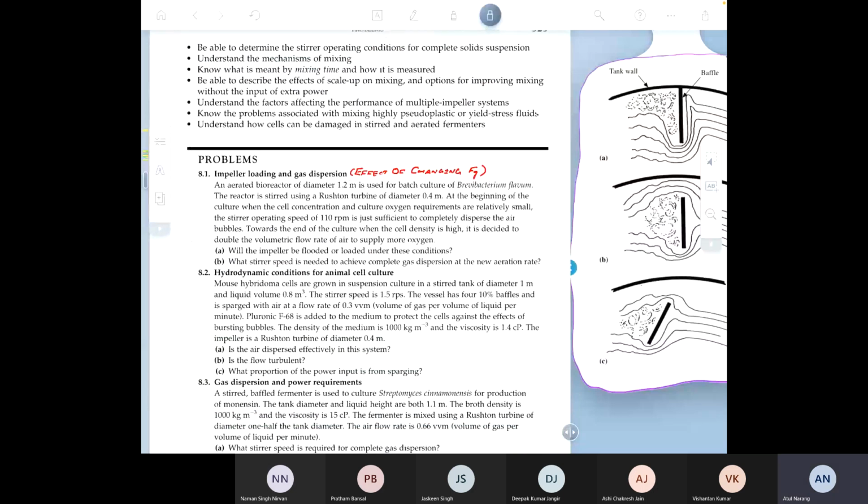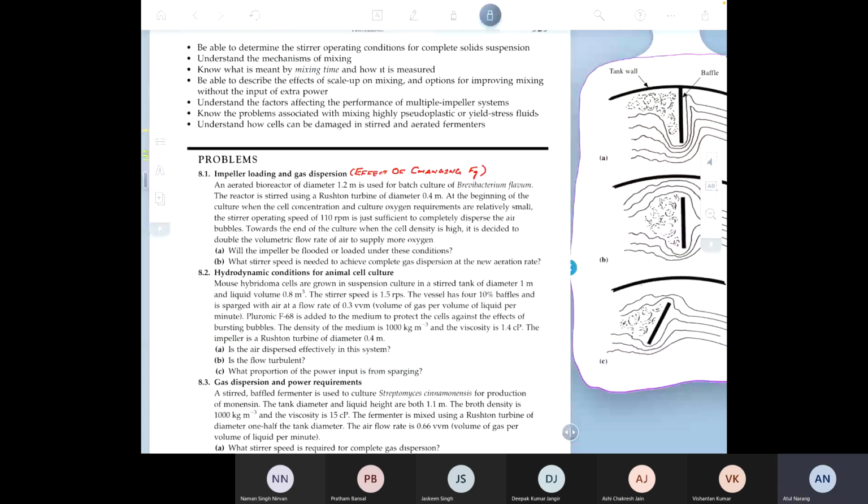This problem is one in which there is nothing wrong with the impeller speed, but the gas flow rate suddenly goes up. The reason for that is, roughly speaking, that when you do a batch culture, your cell density is constantly growing exponentially throughout the course of the run.